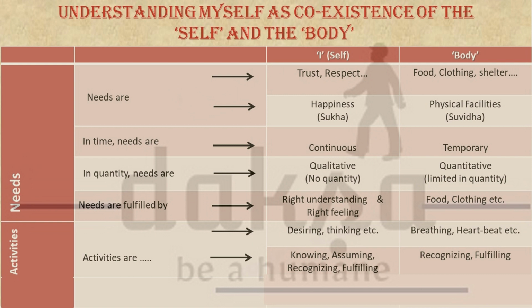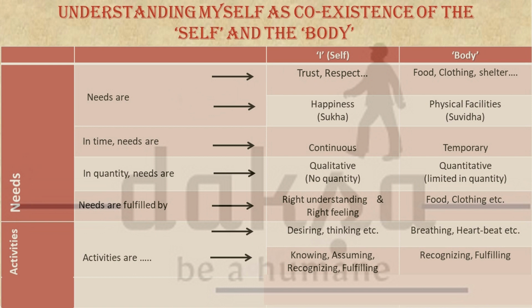Natural acceptance will help us to know what is true, in reality, what is harmonious for us. That activity is known as knowing, means right understanding. In other words, the understanding of harmony at all the levels of living, right? This knowing in Hindi is also known as jaanana, right?